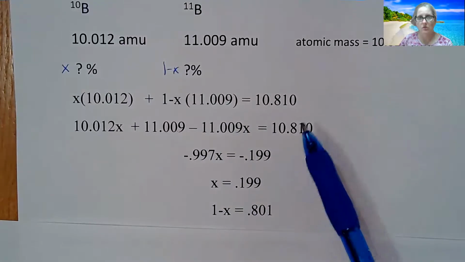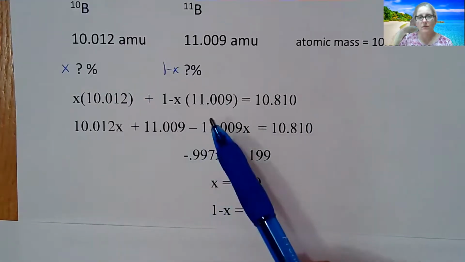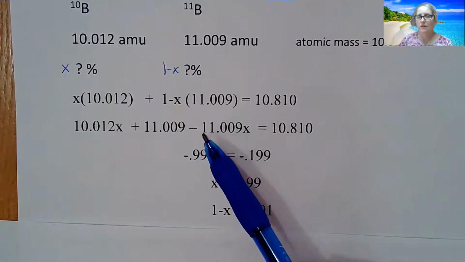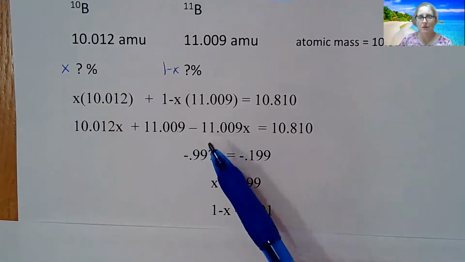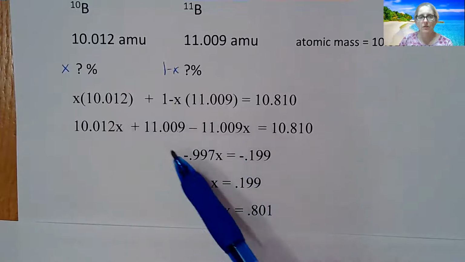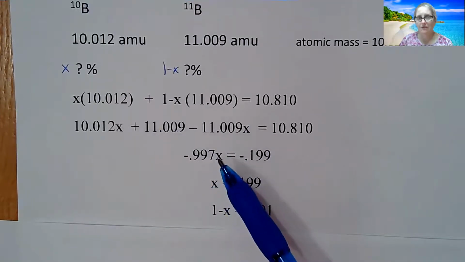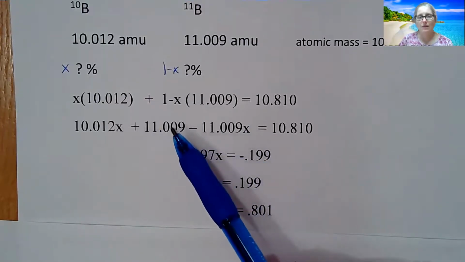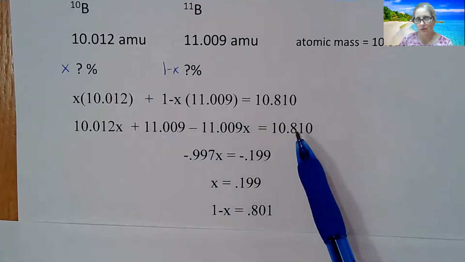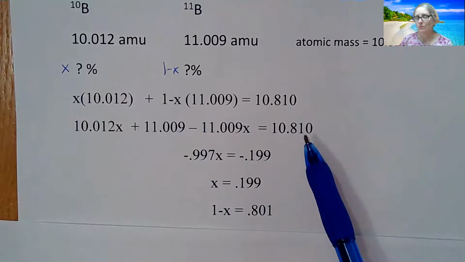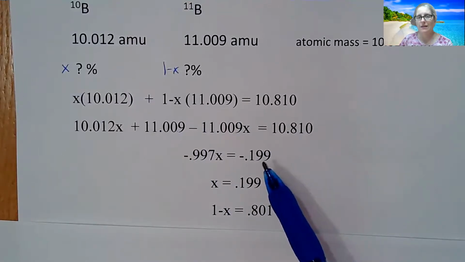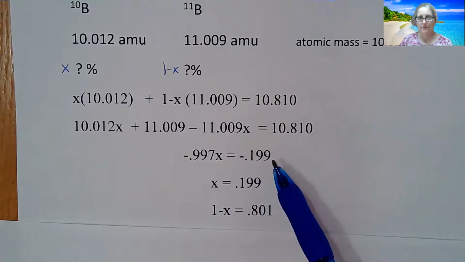I've done nothing to the right-hand side. Then I gather everything that has an x to it. And don't worry that it comes out to be a negative value. When I put these two together, I get a negative 0.997x. And then I bring the 11.009 over and subtract it from 10.810, and I get a negative 0.199.